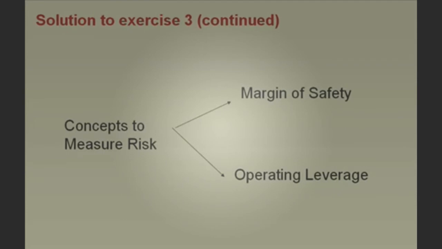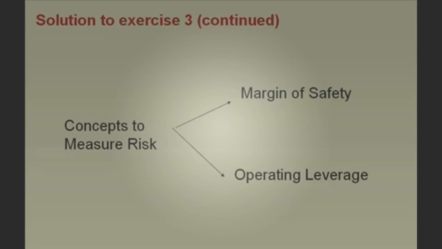They wanted, in part C, you to figure out the margin of safety. I need to give you some background. There are two concepts which are popularly used to measure risk, to answer the question, how risky is this company? One is margin of safety.